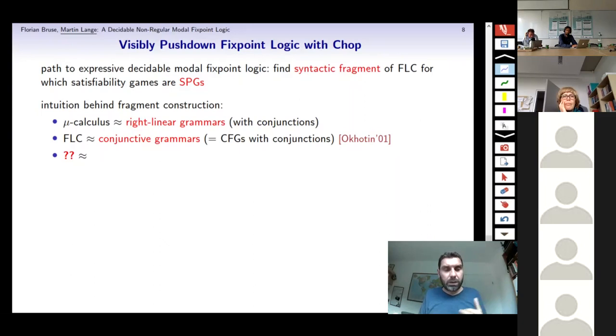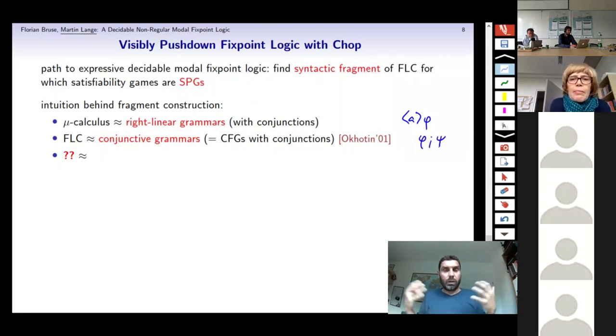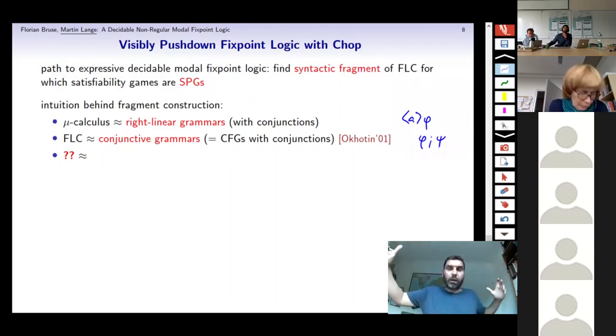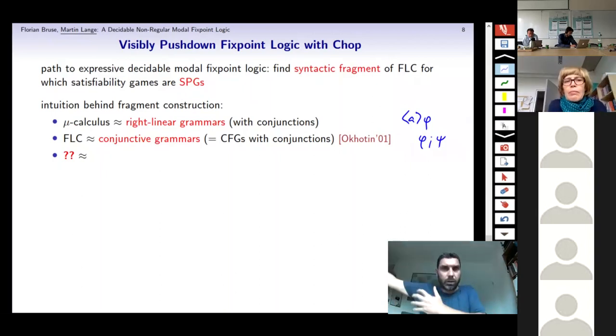The way to do this is to look at the syntax of these logics, and what you will see is that the modal mu calculus resembles right linear grammars by constructs like diamond a phi. As you do a diamond, you do something fixed here, and then you continue to the right. Whereas in FLC, you can do things like phi composed with psi, where you do something of arbitrary length that can get you arbitrarily far through a transition system, and then afterwards you continue with something.